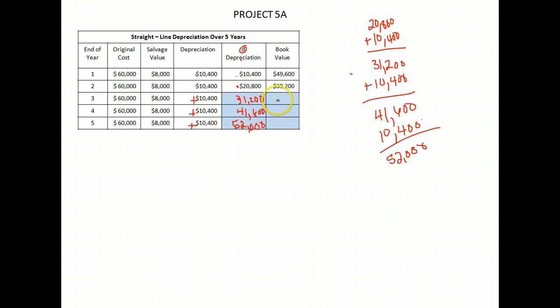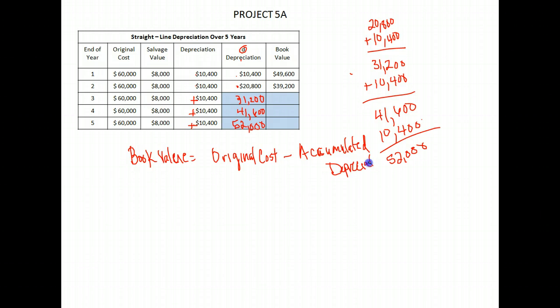The other thing we need is the book value. Now the book value is the original cost minus the accumulated depreciation. Okay, so let's take a look.